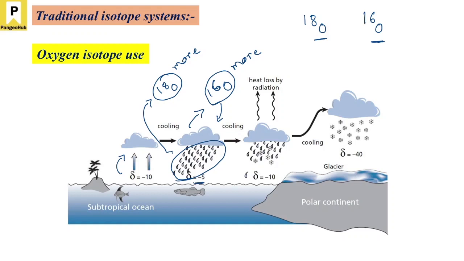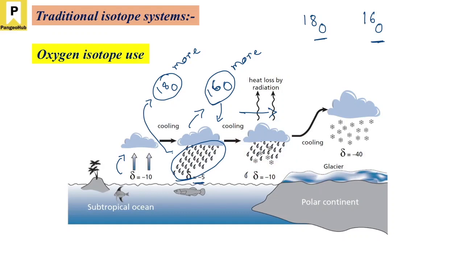Now, when this goes further to the land in this direction, obviously it will lose more and more heavier isotopes, leaving behind the lighter ones. So this rain will be somewhat depleted in heavier ones and relatively enriched in lighter ones, right?